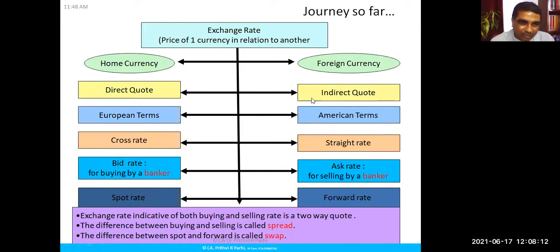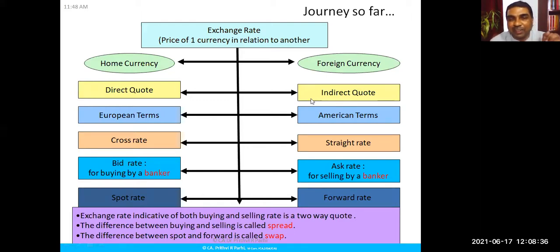Okay. You also know there is something called the American term and something called the European term. International quotes mostly are in European terms. European terms means how much currency per unit of dollar. European term means indirect to an American. American term means direct to the American.